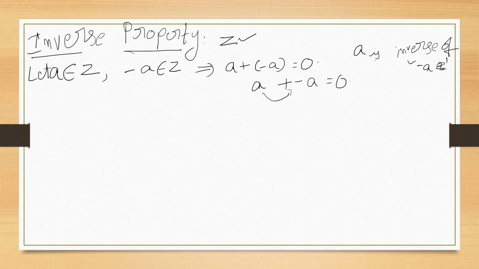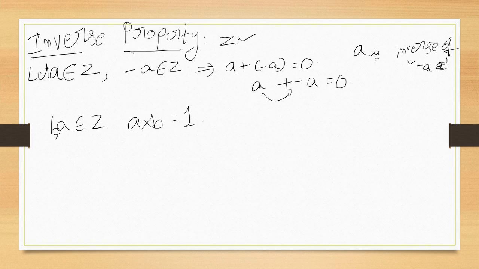And according to multiplication, in the same way, a belongs to Z, b belongs to Z, and by multiplying any two numbers a and b, a into b, we get the number 1.